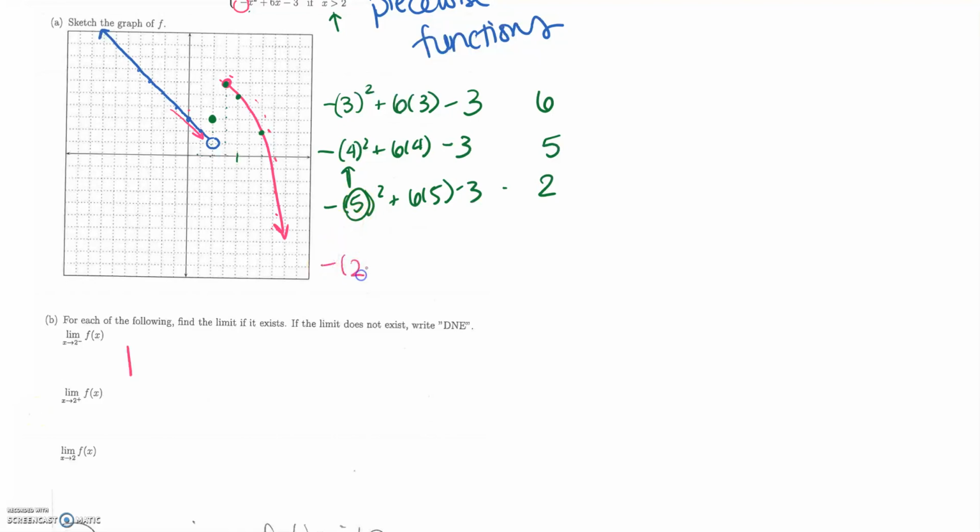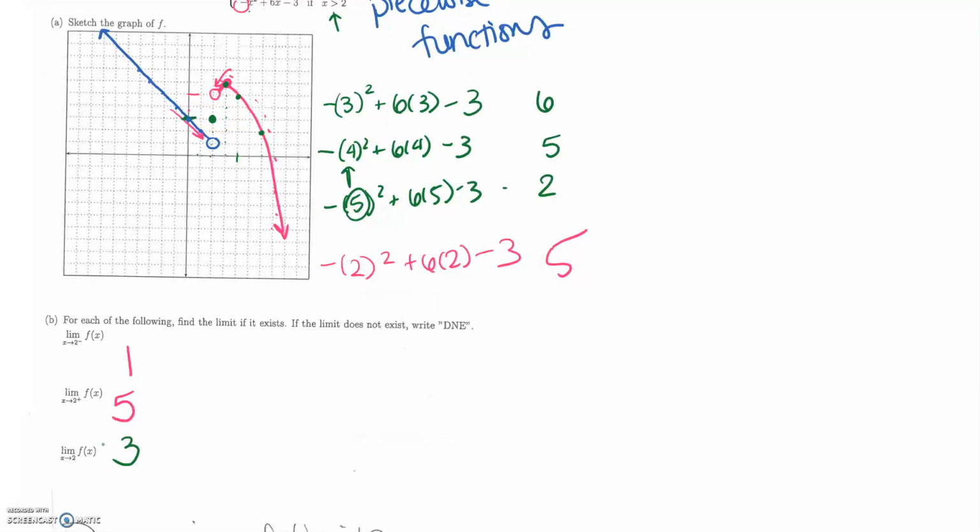The opposite of 2 squared plus 6 2s minus 3 is 5. So at 2, on this quadratic, it should go to 5. It should be here, so it should look like this. So it should approach 5 from the right, but the actual value of f of 2 is 3.